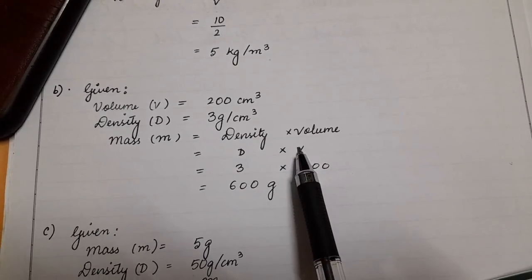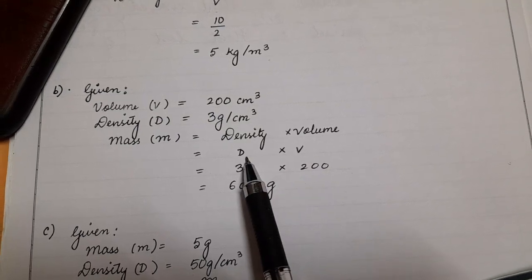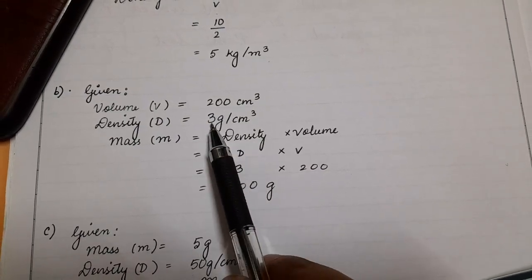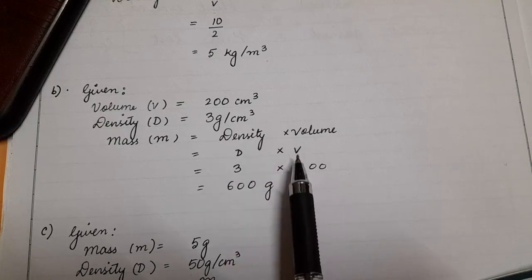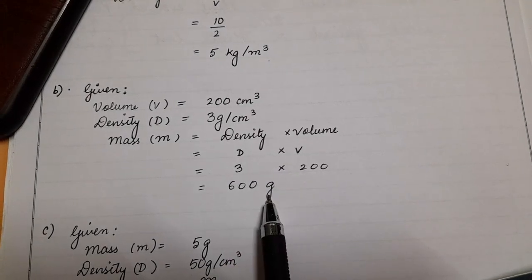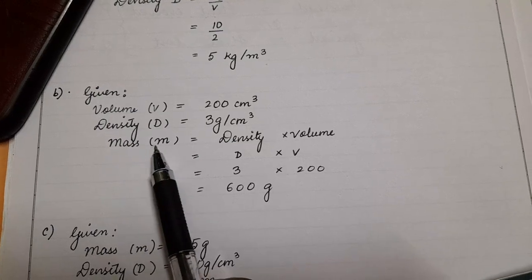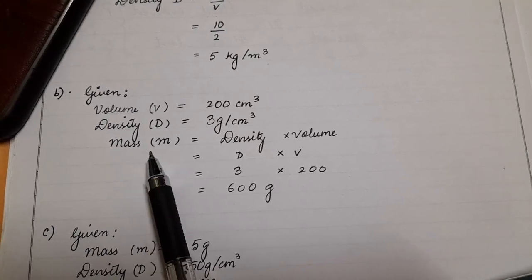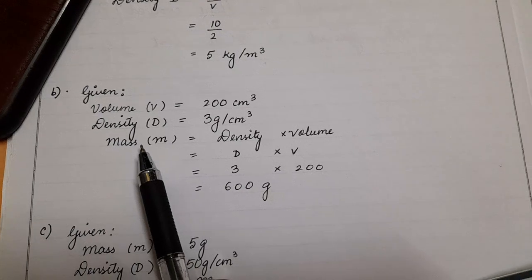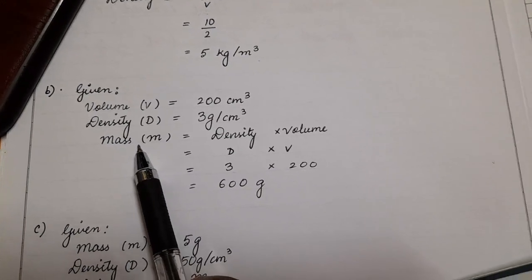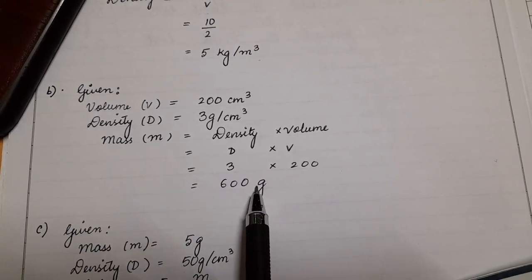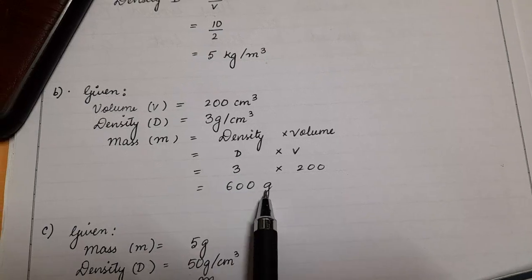In place of density you write 3, in place of volume you write 200. So 3 into 200 is 600. Look at what we are calculating: we are calculating the mass, so our unit will be gram. So 600 gram.